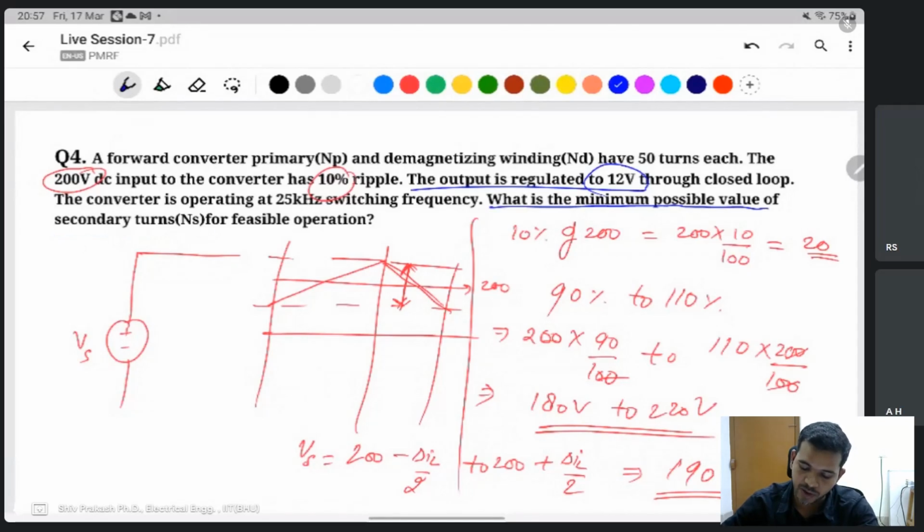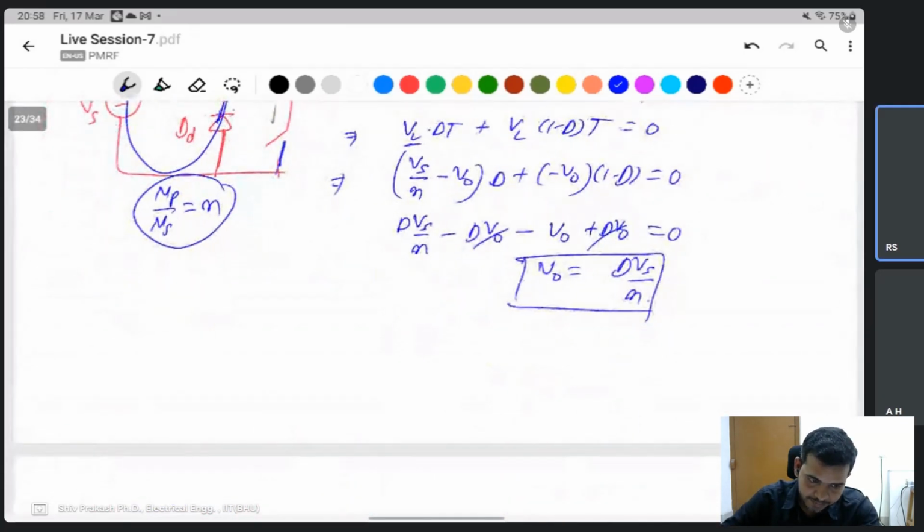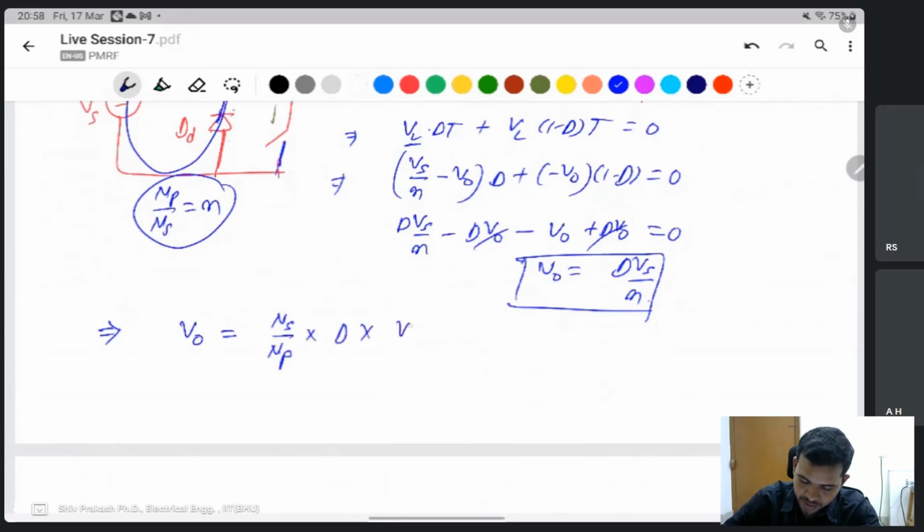Minimum value of secondary turns. You can take the output voltage as Ns divided by Np into D into Vs, at the minimum voltage of Vs.